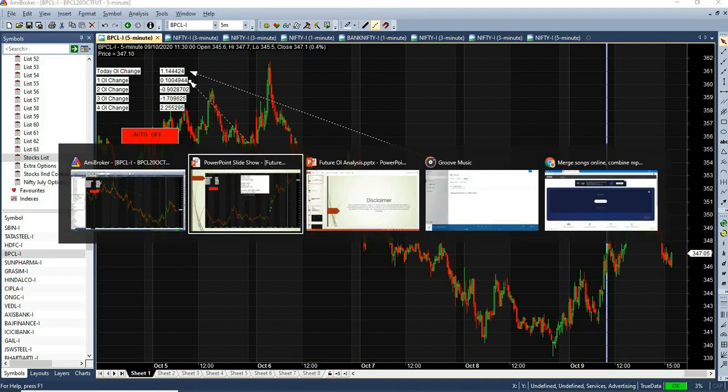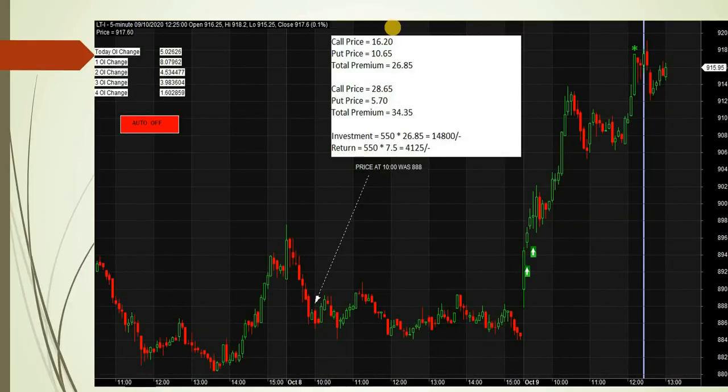Okay, now I will show you some examples in my presentation. This is L&T. I have selected 9th of October. We can see in these figures, on one OI change, which is 8th of October, we get a number of plus 8% change as compared to yesterday.